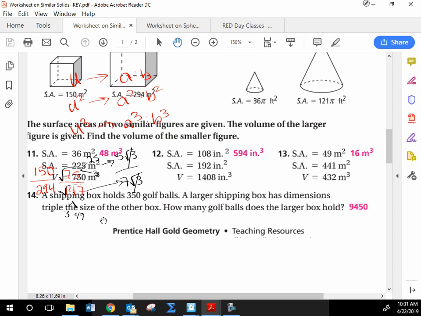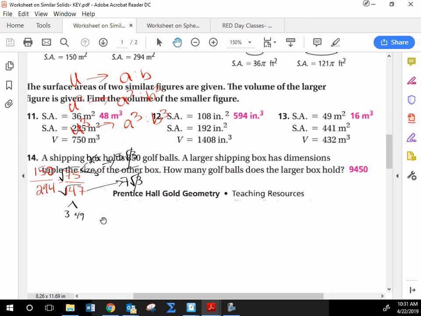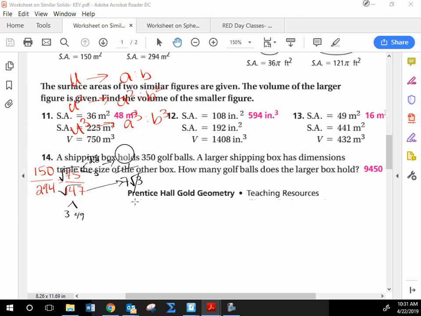So then for number 12, guys, they told us that the figures are similar, and they gave us surface area. So before square rooting this, 108 to 192, you can go ahead and square root and break those down like we did up above, but I would reduce it first.